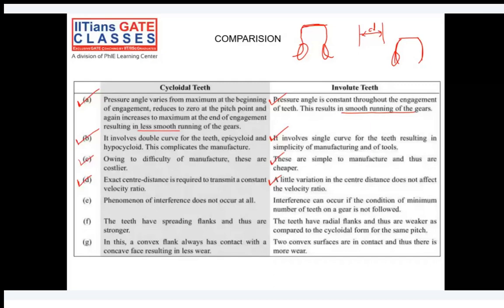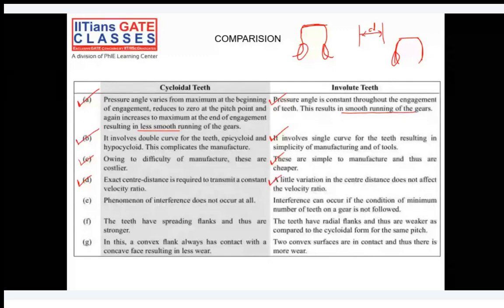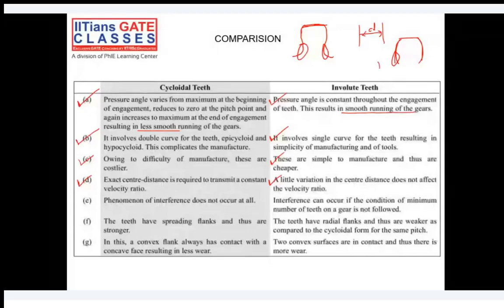So what will happen because of it? It is interfering with the base circle, and it may remove the material. This phenomenon will occur in case of involute teeth profile, but will not occur in cycloidal tooth profile.